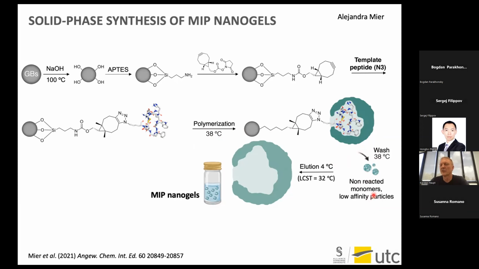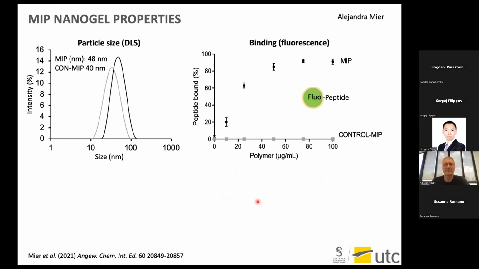We can wash out all the unwanted parts that we don't need, unpolymerized monomers and particles without imprint, etc. So we can really do extensive washing at 38 degrees, and then we just have to lower the temperature below the LCST, for example, to 4 degrees, and the particles will swell and come off the column, and we can reuse the column. This is the best also. If the peptide was expensive, we can reuse it. And this gives us molecularly imprinted polymer or MIP nanogels that we can use as synthetic antibodies.